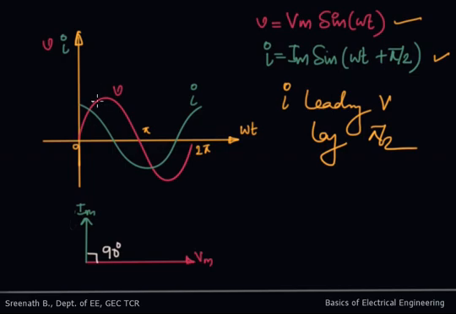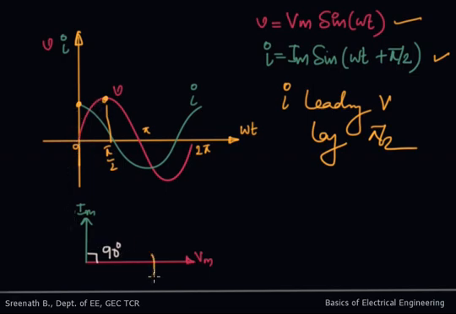Now this is a peak value of voltage, and this is a peak value of current. Now the peak value of current comes first, later only the peak value of voltage. This comes at pi by 2 and this at 0. So your current is leading your voltage by pi by 2.